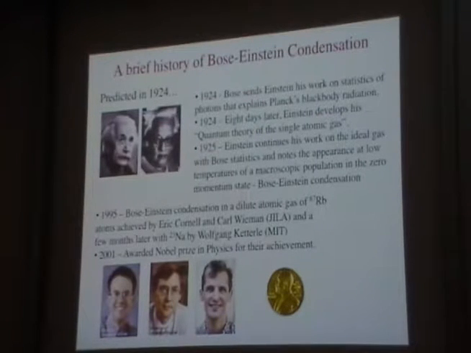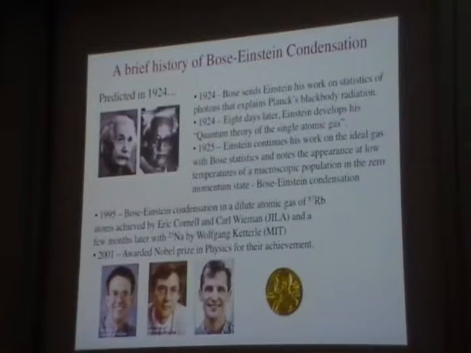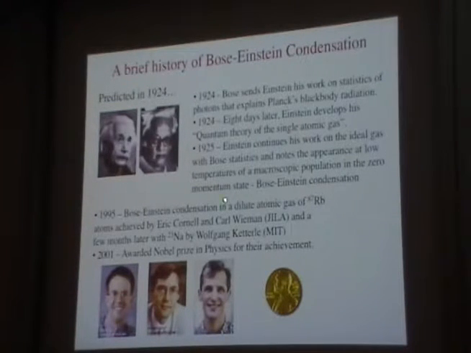Einstein extended the ideas to massive particles, or atoms, in basically the same year. But in 1925, still working with these ideas of Bose-Einstein statistics, Einstein predicted that, or he saw something unusual if you looked at the statistics at low temperatures. You saw that there was actually a macroscopic population of a gas in the lowest momentum state, or the zero momentum state in this case.